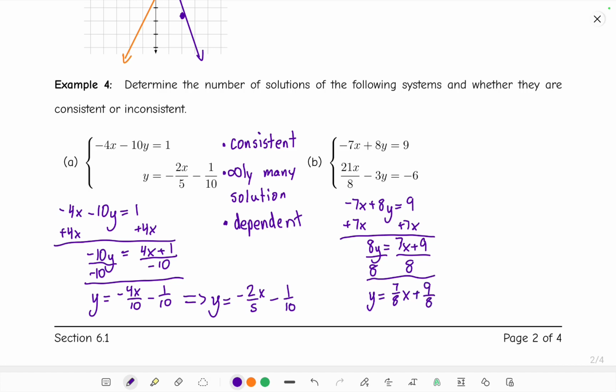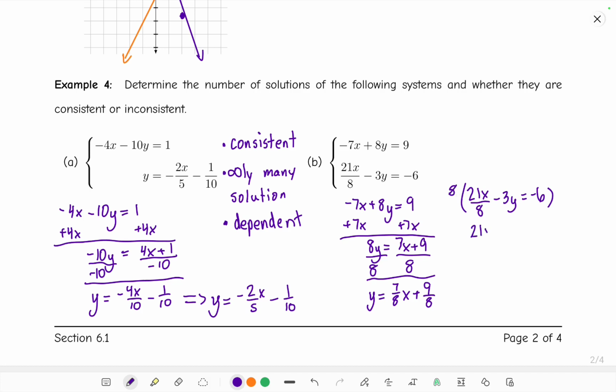And then the second equation, 21x over 8 minus 3y equals negative 6, is also not solved. So 21x over 8 minus 3y equals negative 6. The first thing I'm actually going to do here is multiply everything by 8 to get rid of the denominator.